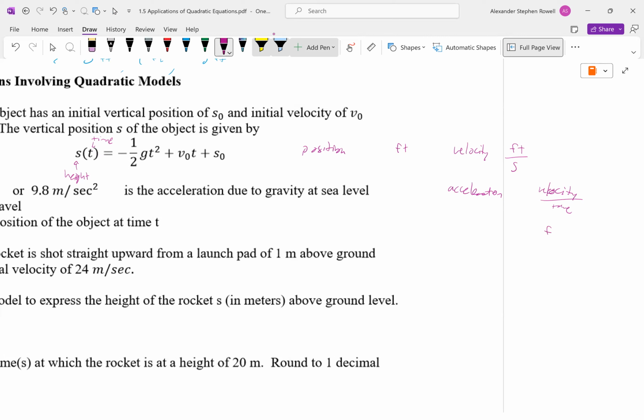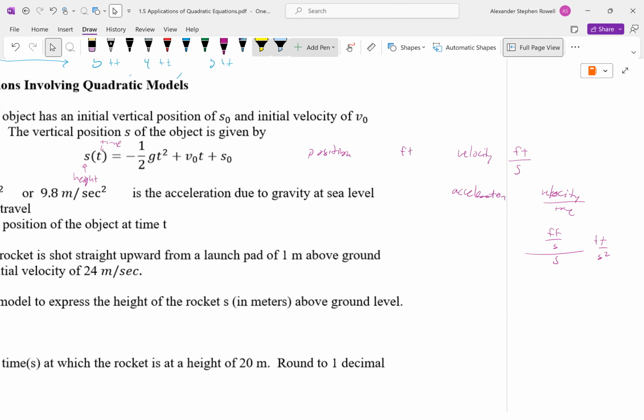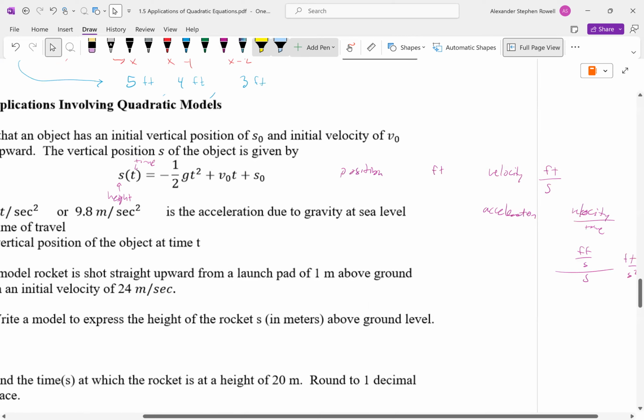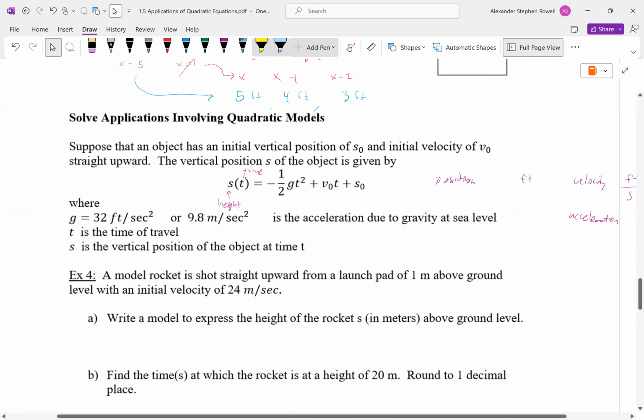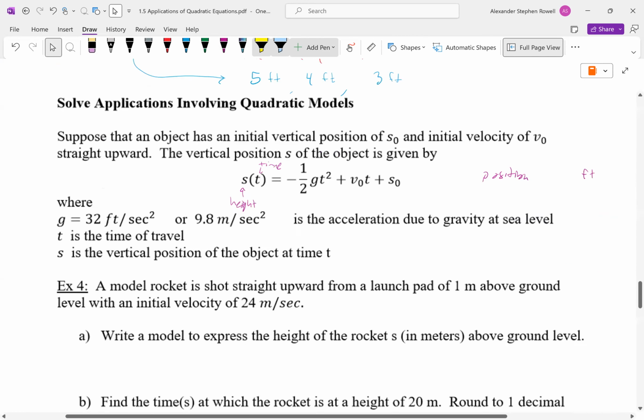But velocity was feet per second, divided by time in seconds, is feet per second squared. It's a change of a change, right? So they tell me that the gravitational constant is 32 feet per second squared.